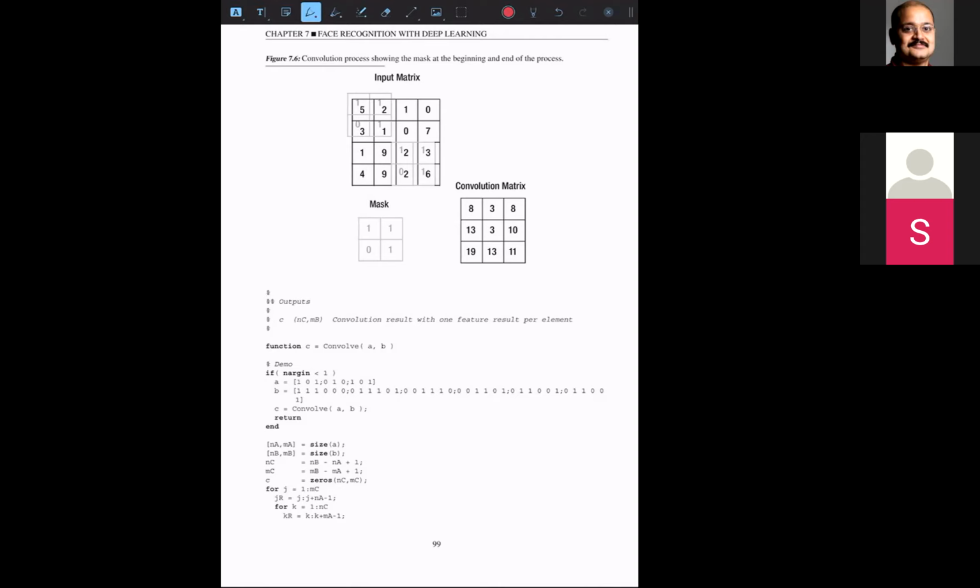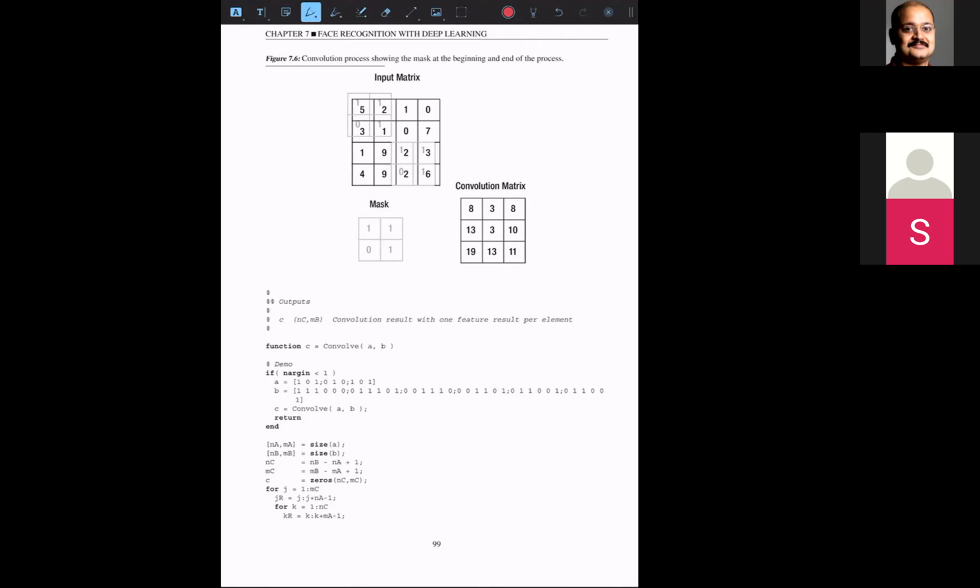What it means is, if you place that mask onto the first square, which is 5, 2, 3, 1, the convolution would do, check this out, 5 multiplied by 1 plus 2 multiplied by 1 plus 3 multiplied by 0 plus 1 multiplied by 1, which is what? 8. Do you agree with me? So what did convolution do? Convolution shrunk the data.